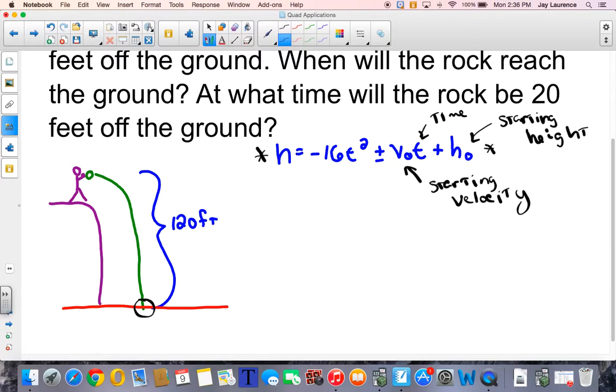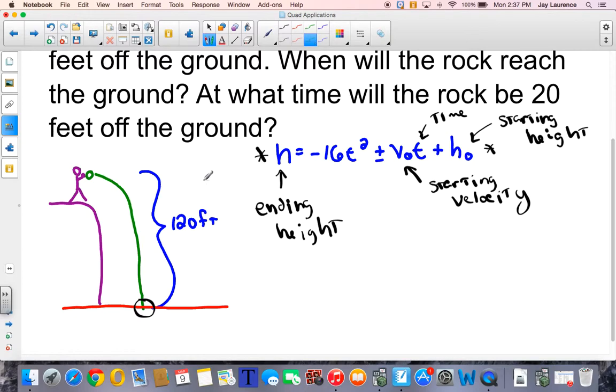Okay, so t is time again over here, and h is your ending height. Okay, so to do this problem, all I have to do is fill in the information the story tells me, and then I'll apply parts of the quadratic formula to it.